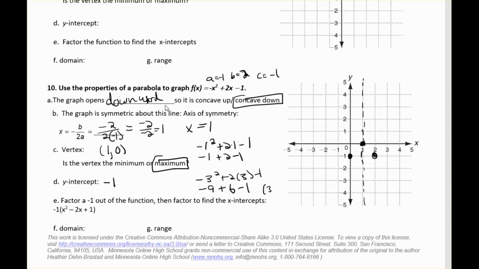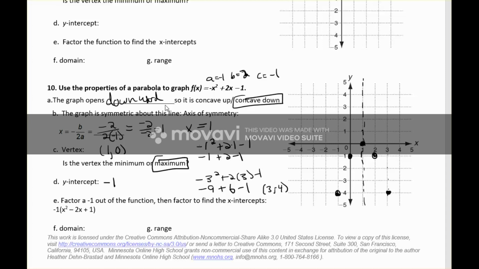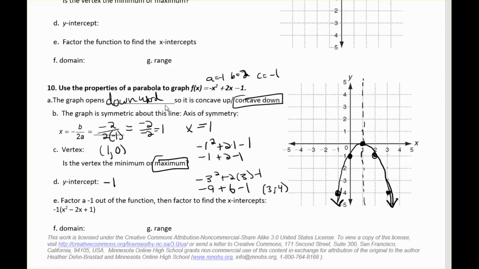So there's a point at 3, negative 4. 1, 2, 3, 4. And there would also be a point over here that would be symmetric. So now I'm ready to draw my curve. I'm going to go through the points, close like that, and just put my arrows to show that this would continue in that direction.